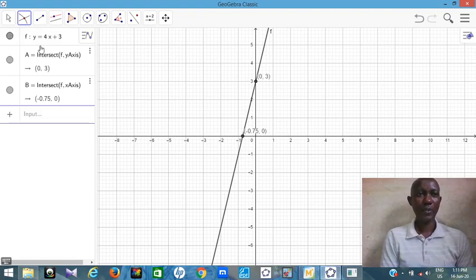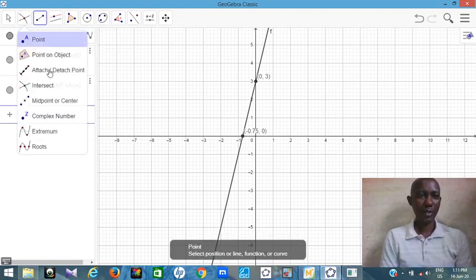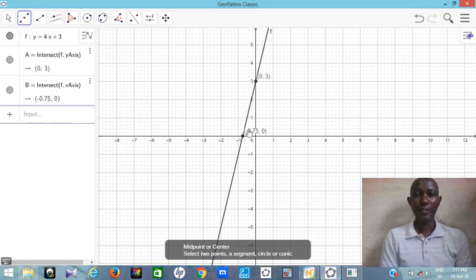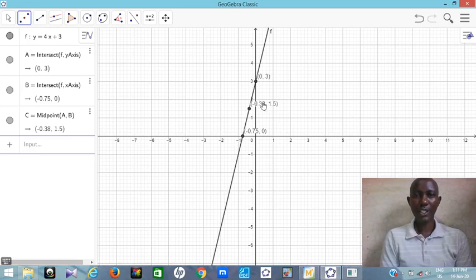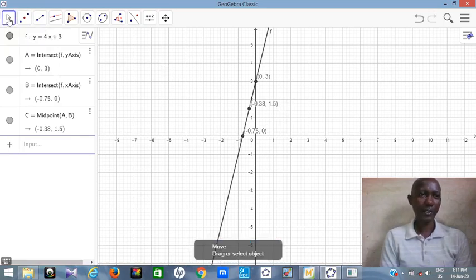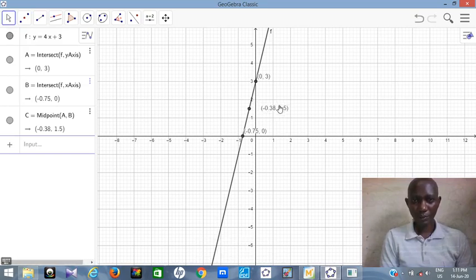Then if you find the midpoint of those lines, let's get the midpoint. This is the midpoint now. If I get the midpoint of this and this, you can see our two answers. Let me see, something is missing here.